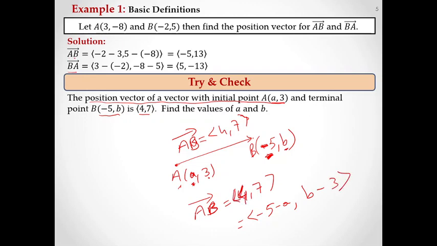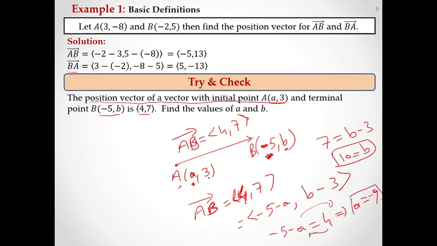If two vectors are the same, their components are the same, so -5 minus A is equal to 4, and this gives A equal to -9. In the same way, 7 equals B minus 3, so B is equal to 10. So A is -9 and B is equal to 10.